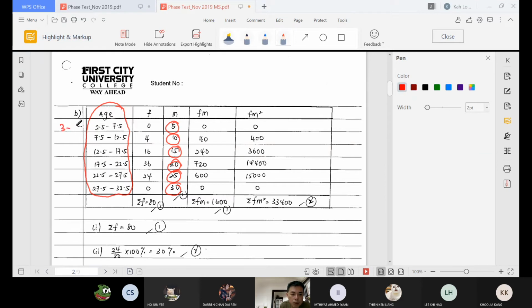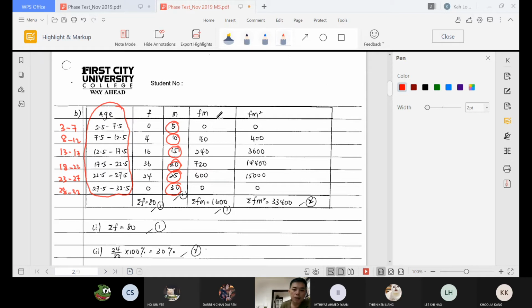So this is 3 to 7, 8 to 12, 13 to 17, 18 to 22, 23 to 27, 28 to 32. Whether you put in the class or class boundary will help you to understand all the things already.